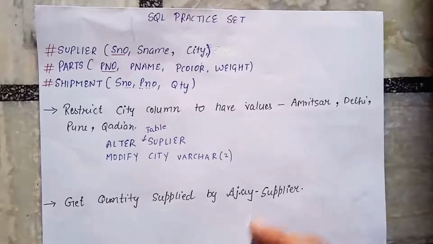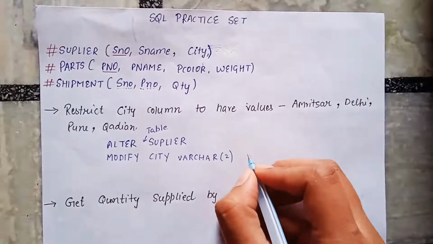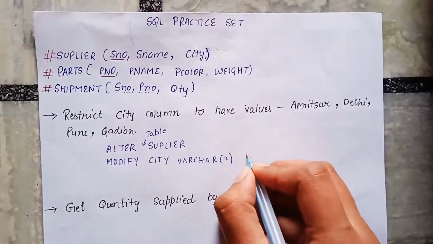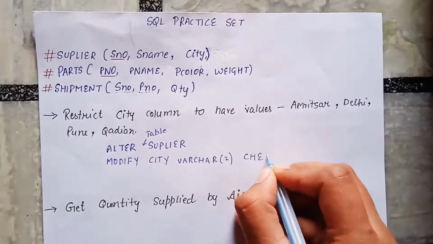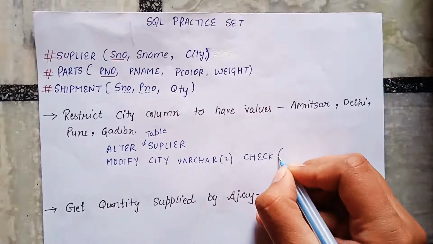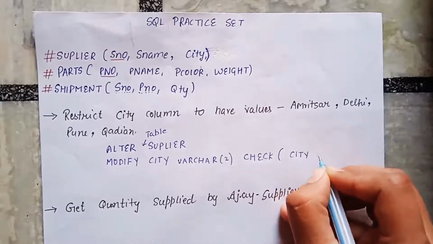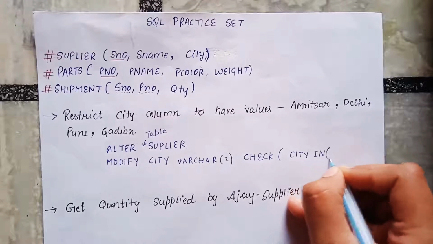Now we write whatever constraint we want to apply. It is a check constraint. And what is the condition in this check constraint? That the city must be in these values.